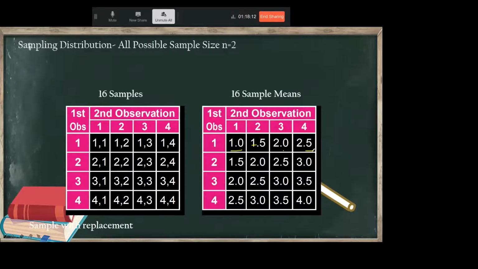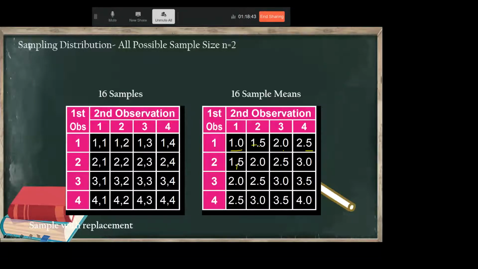Right? Now, what is the shape? Remember, in population, the shape of the distribution was uniform, right? So what will be the shape here? The 16 sample means will be in this table. The same number can be repeated. Now, you can see that these two combinations are making the same sample mean, right?